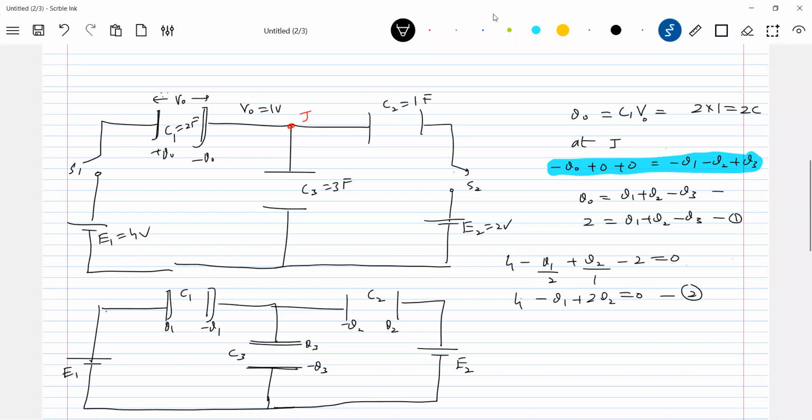One more equation needed. So let me take the loop equation. 4 minus Q1 by 2 minus Q3 by 3 equal to 0. 24 minus 3Q1 plus 2Q3 equal to 0.